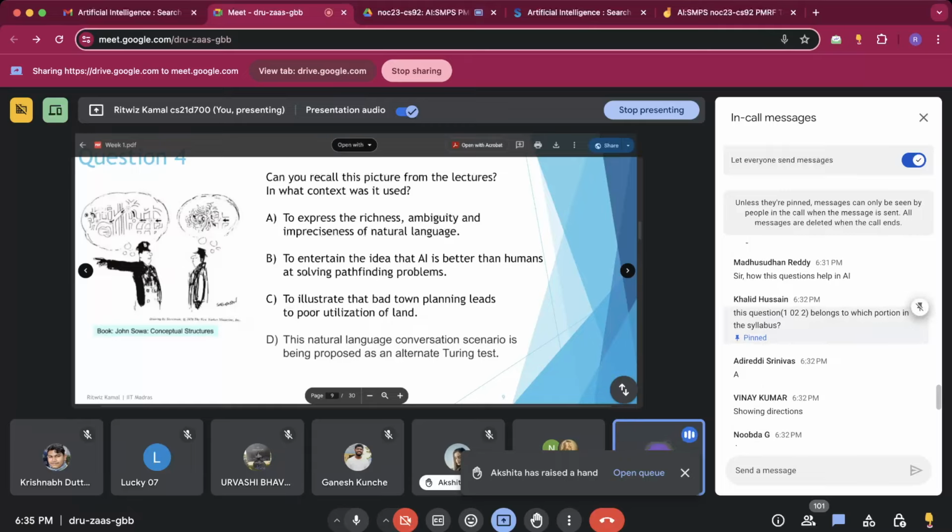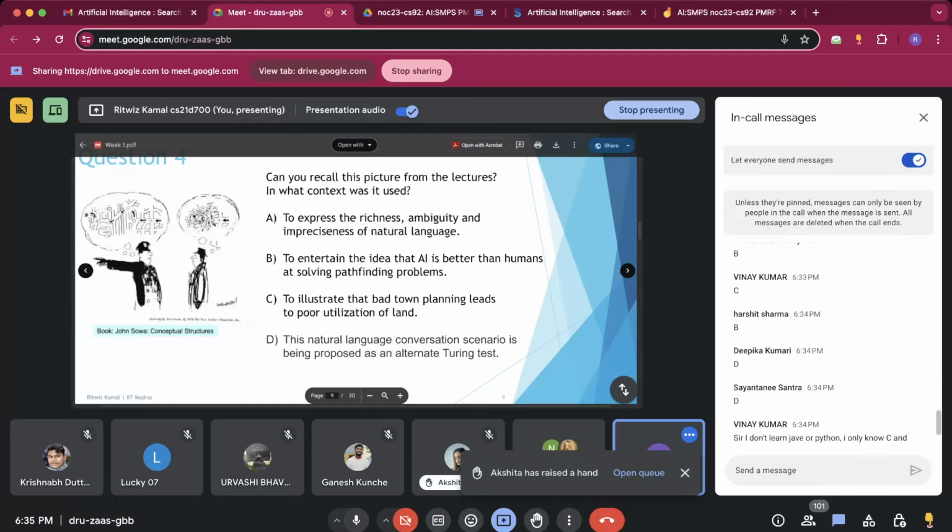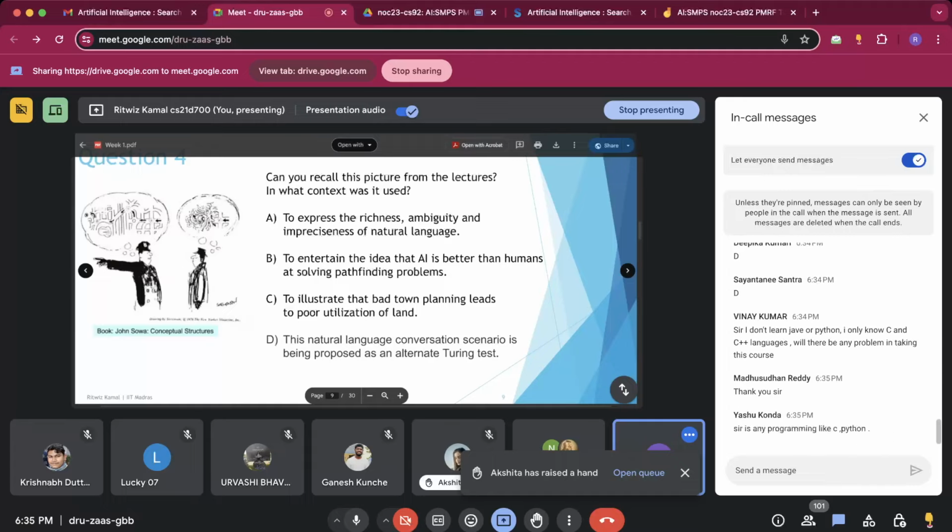Okay, it belongs to which portion in the syllabus? That is something that I'll let you figure out. I will let you go through all the contents from the weeks that are released as of now and will be released later on, and I will urge you to figure out which part of the syllabus this question will be from.